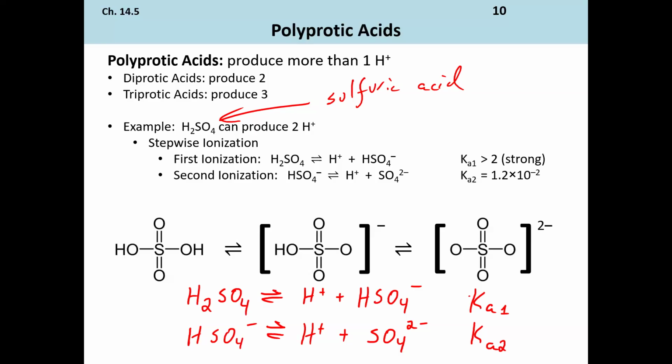Why? Because now I'm trying to take something that's positive away from something that's negative. And remember, negative and positive are attracted. So taking something away from this is much harder. And that's why the Ka2 is much smaller than the Ka1. Here, you're taking away an H+ from a neutral compound. Here, you're taking it away from a negative compound. So it gets a lot harder.